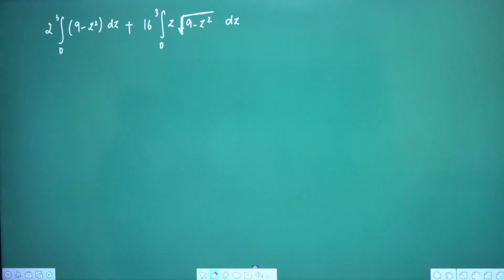Right? So we need to integrate this to get the answer for volume integral, right?